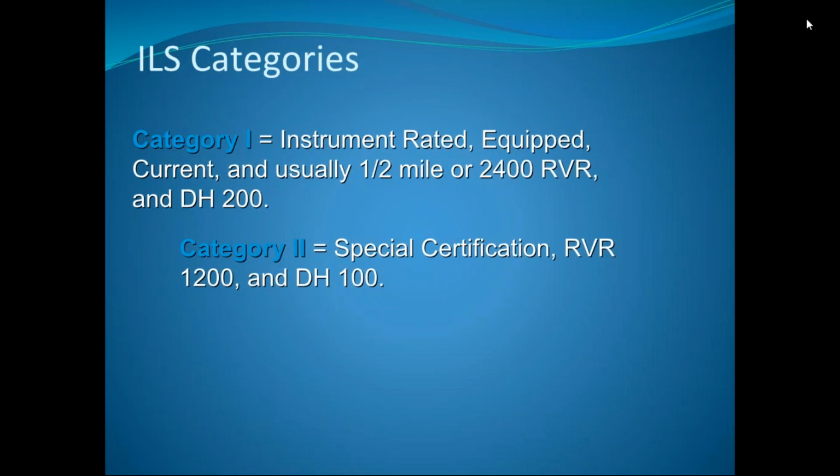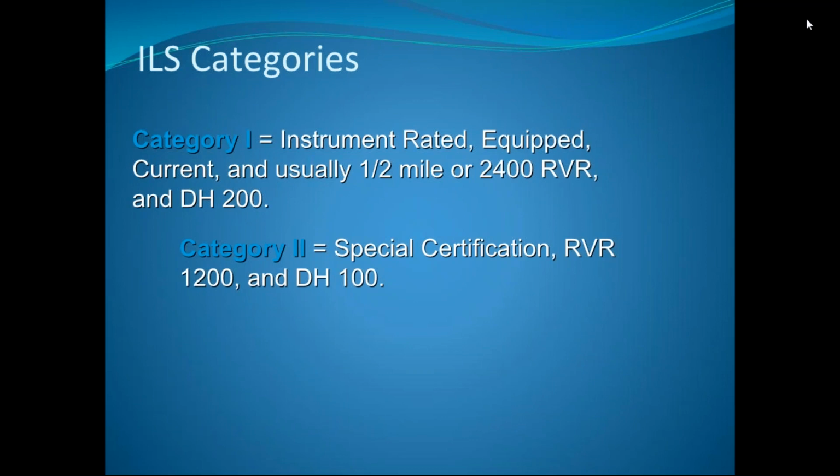There are special requirements for equipment on board the aircraft in order to even shoot the Category 2 approach, as well as certain requirements for the crew. And we talked about high minimums. Captains can't shoot a Category 2 approach. Well, that's why. It's literally half of the standard minimums.